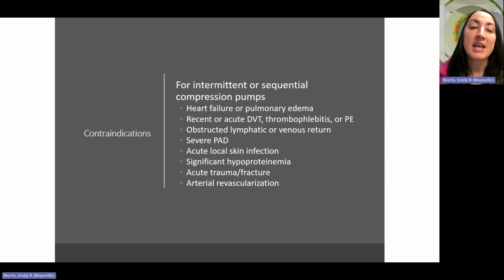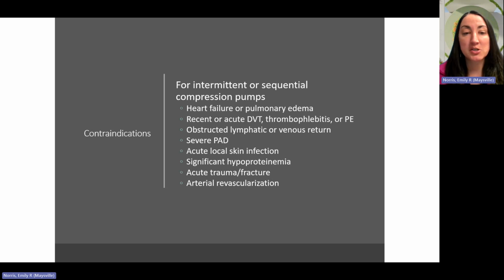It's dangerous for them. If they have a DVT or pulmonary embolism, so blood clots, you do not want to do it because you could send the DVT somewhere else and create more damage to another structure. Obstructed lymphatic or venous return: if there's no way for it to go, then we don't want to be pushing it back, making the symptoms worse. Severe PAD, that's peripheral artery disease.